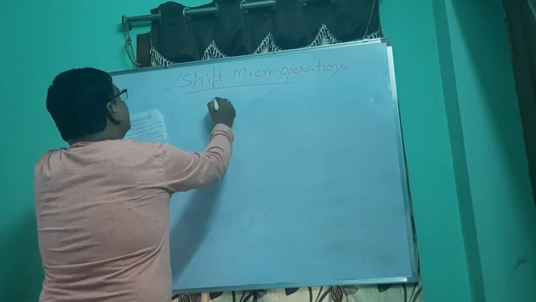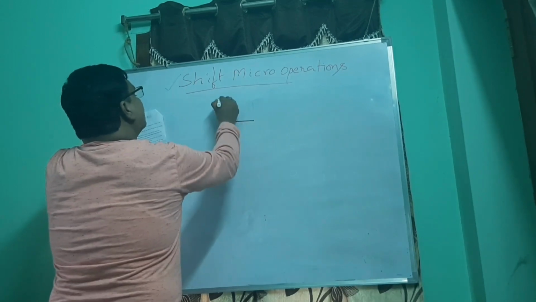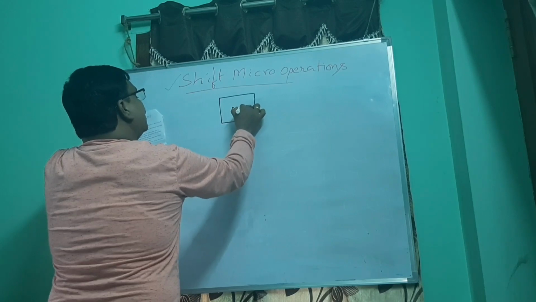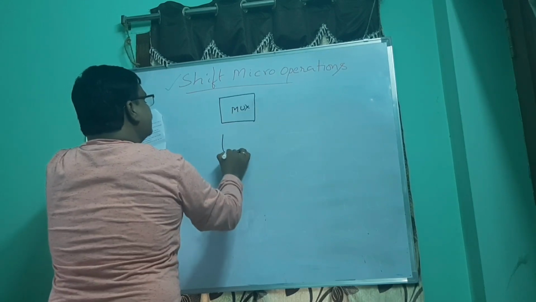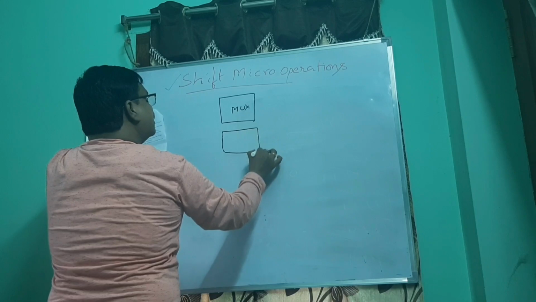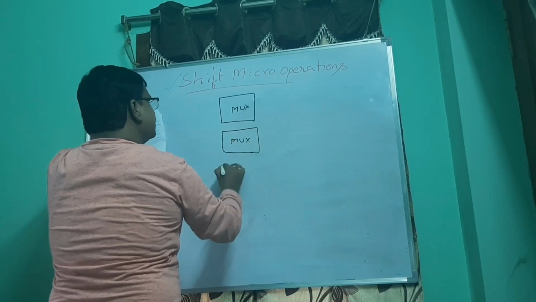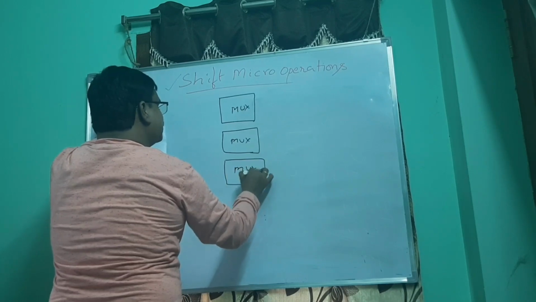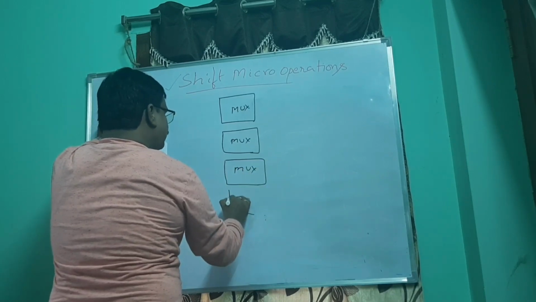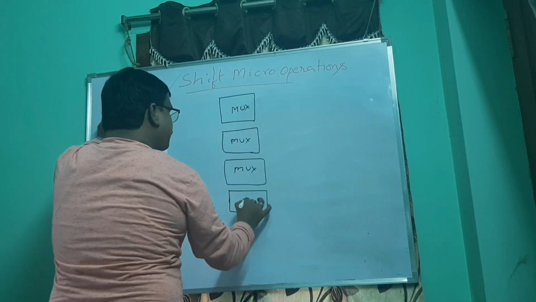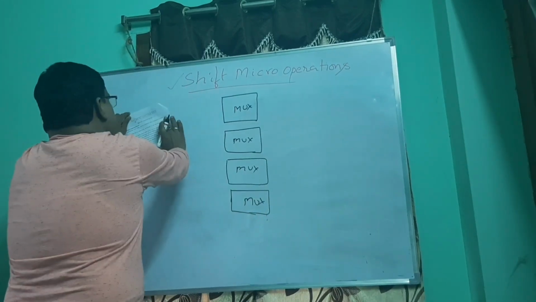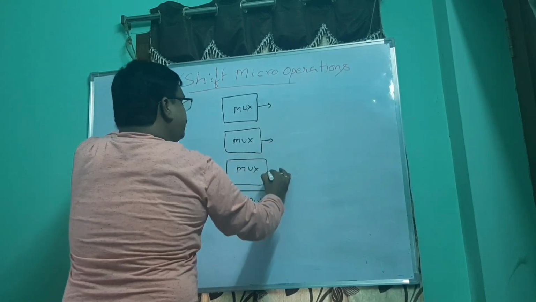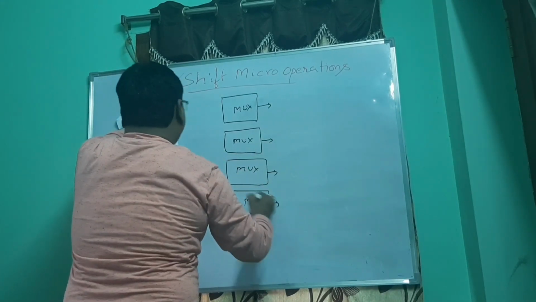We will just draw the hardware part. MUX, I think you know what MUX stands for. Multiplexer, and always the output of a multiplexer is of only 1 bit.